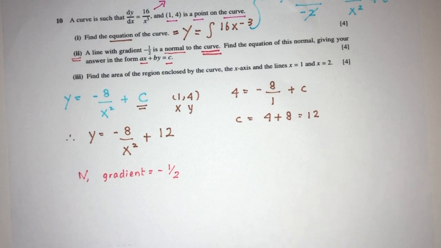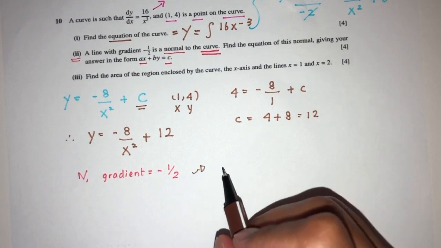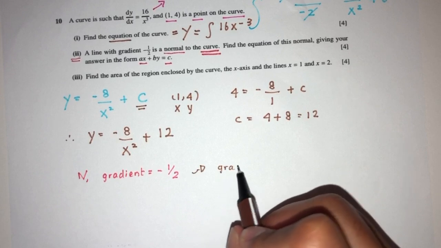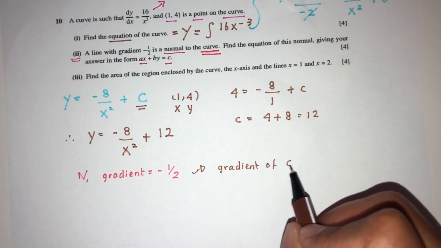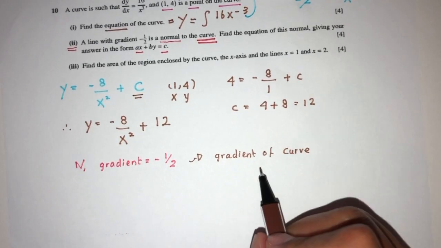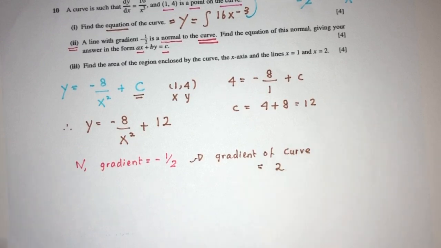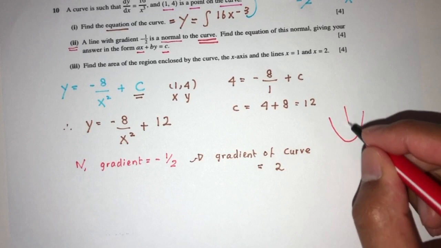Now, to find the equation of a line, we need a passing point. So how can we find this passing point? If we have this, we realize that the gradient of the curve at that point has to be what? 2, because we know this is the curve, for example, and this is the normal, for example.